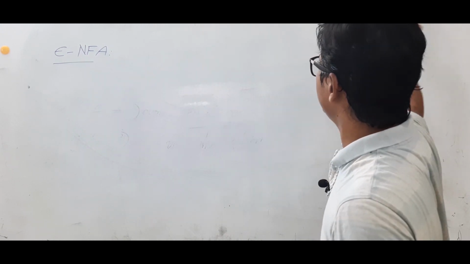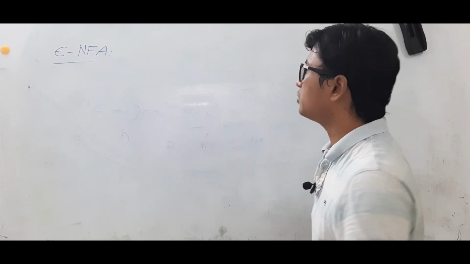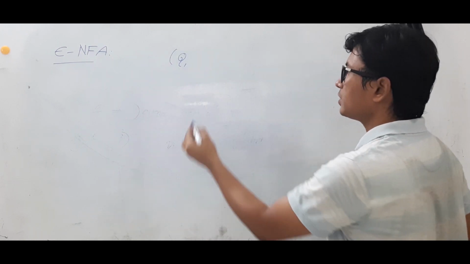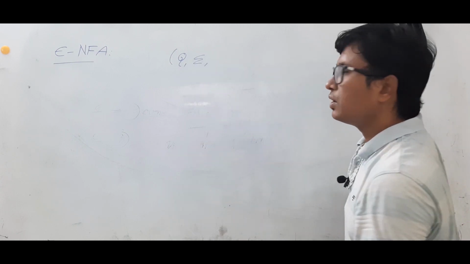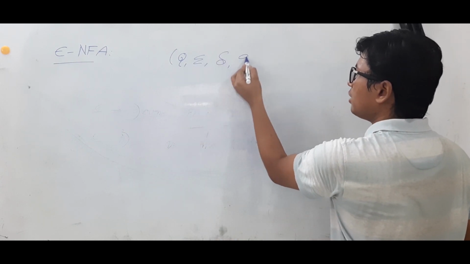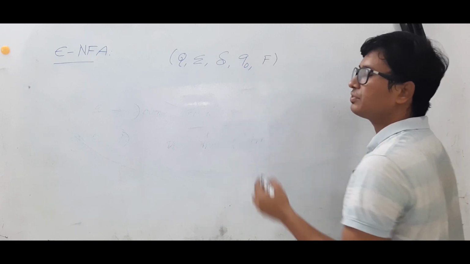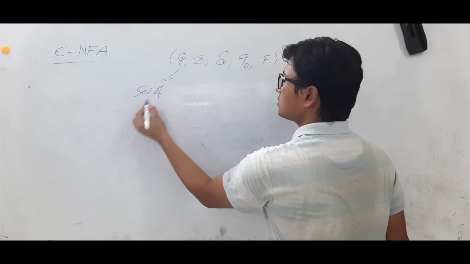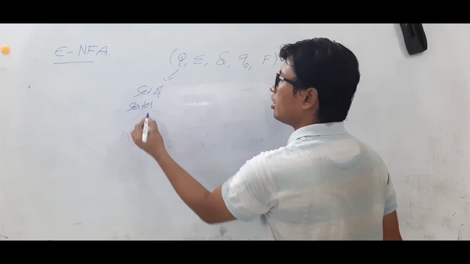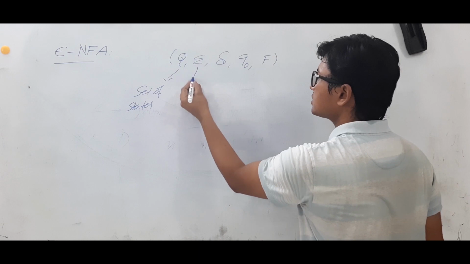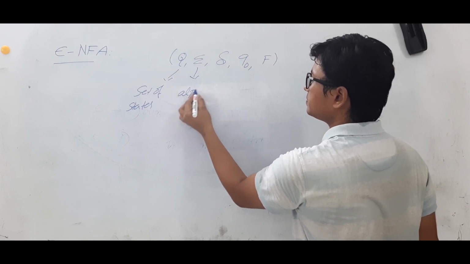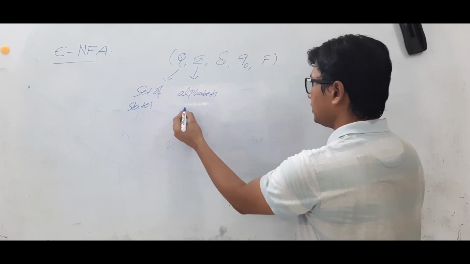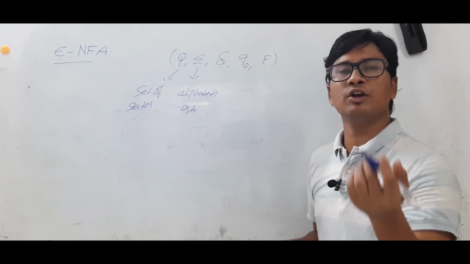Epsilon NFA. We have represented the NFA and DFA using 5 attributes. So now we will discuss. We have Q, we have sigma, we have delta, we have Q naught, and we have F. What is Q? Set of states in the Epsilon NFA. Sigma is the alphabets. Here please remember, if you have alphabets A, B, you will have epsilon also as an extra.